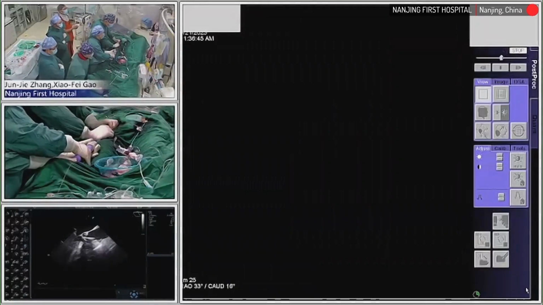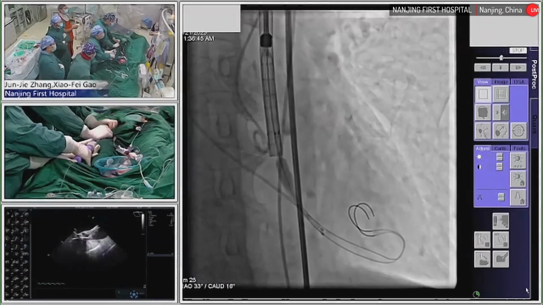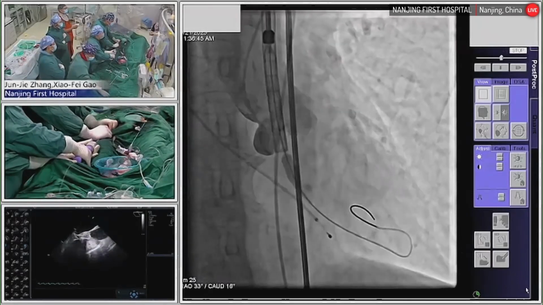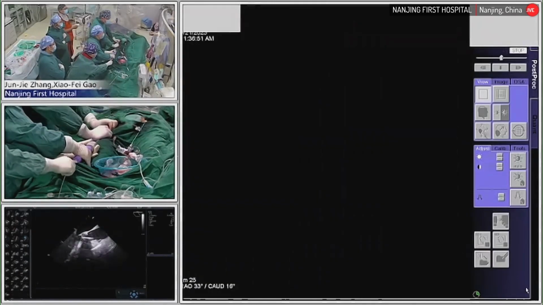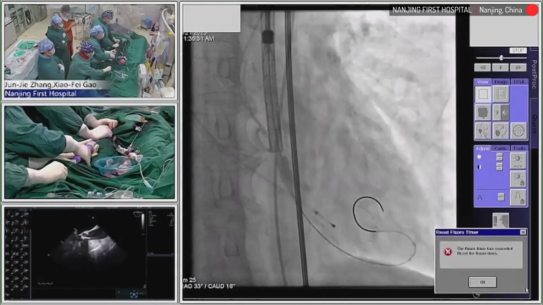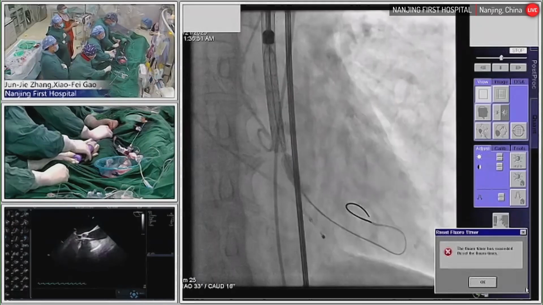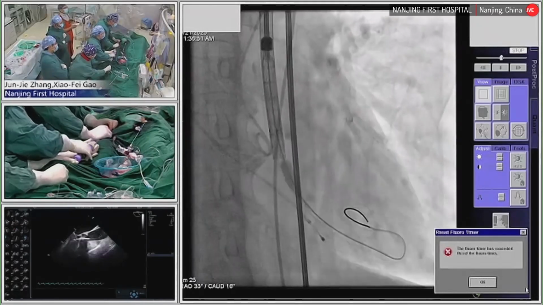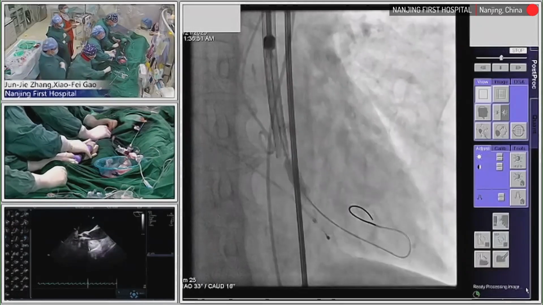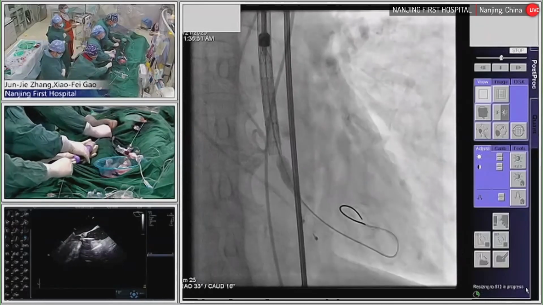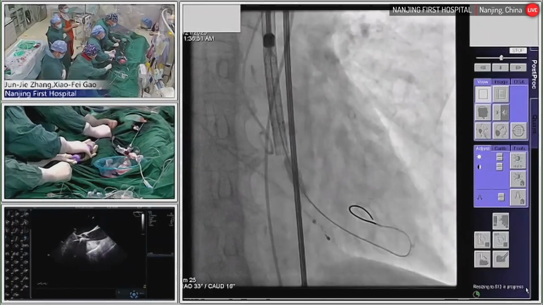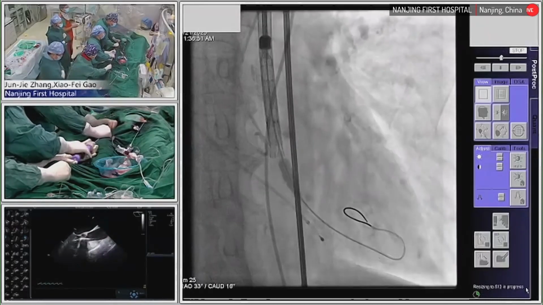Okay, let's stop. Good. 120. Continue. Release the valve. Zhang Juan, please watch. Looks good. Okay, too high? Not too high, from echo. Okay, good. Continue releasing.